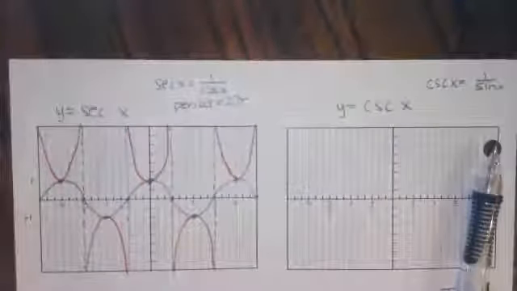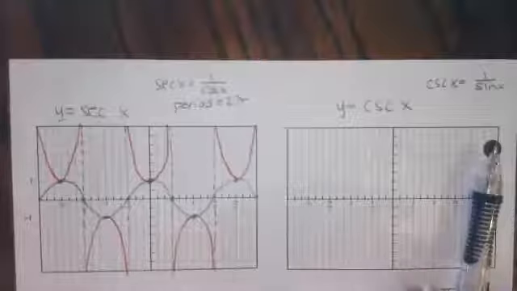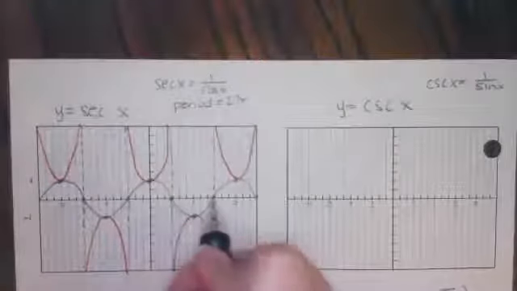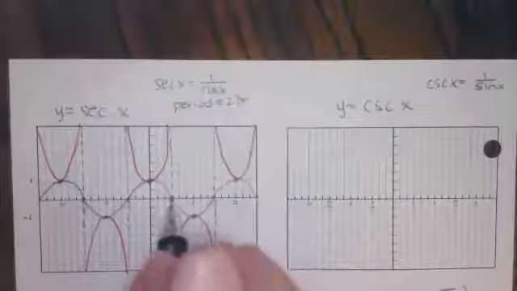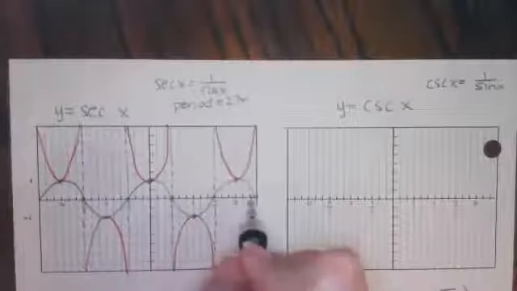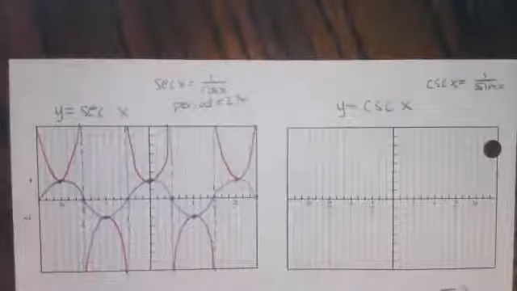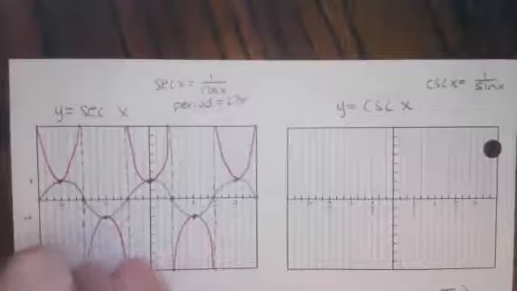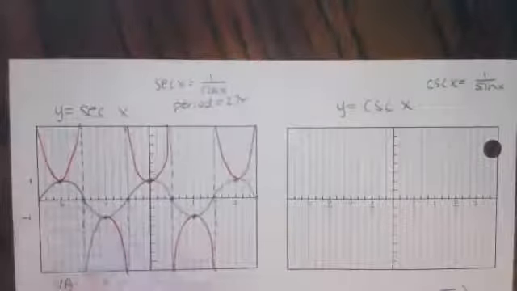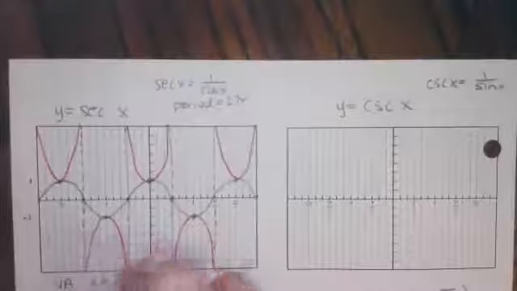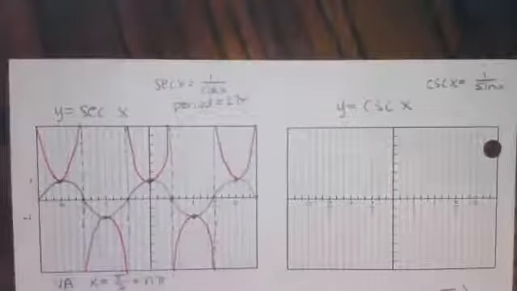We are going to end up with an asymptote every pi. So we start with this one, and every single pi, we're going to have an asymptote. So we can say we've got a vertical asymptote at x equals pi/2 plus n pi.